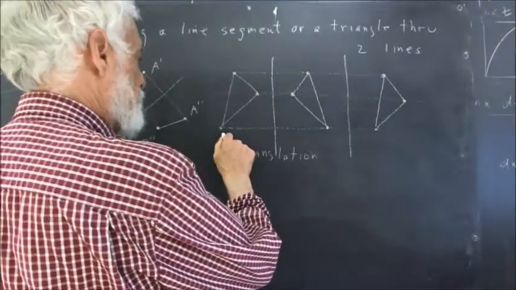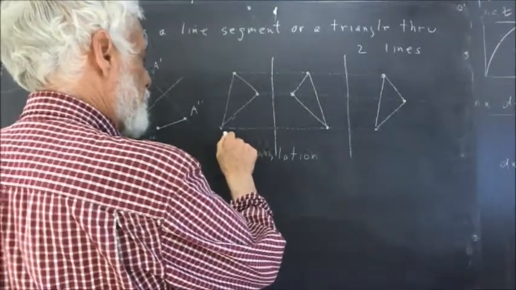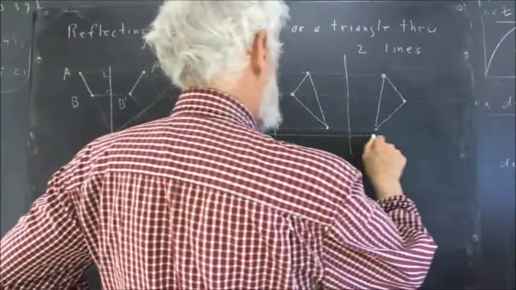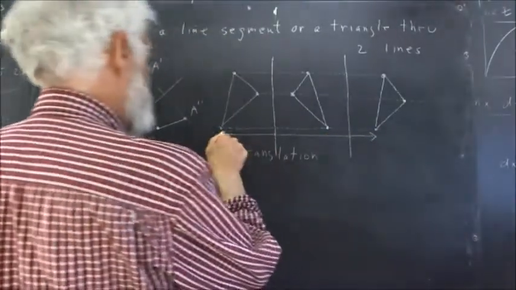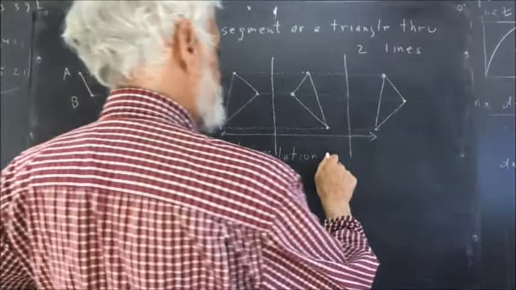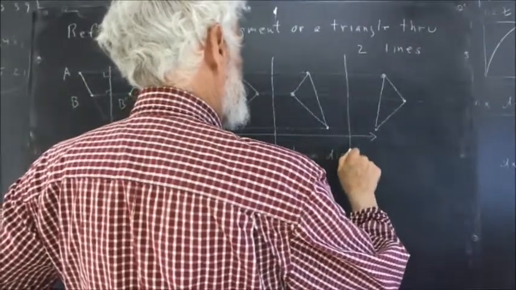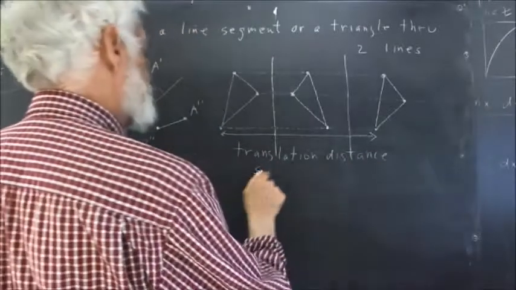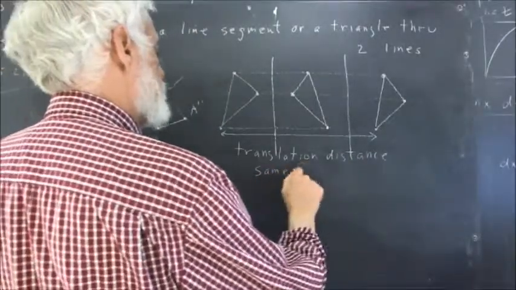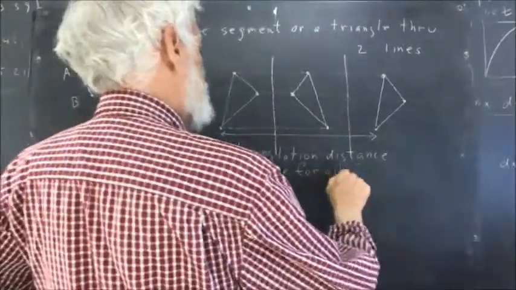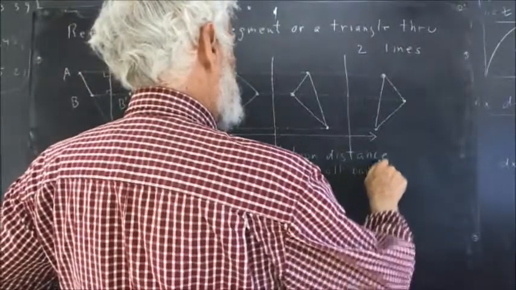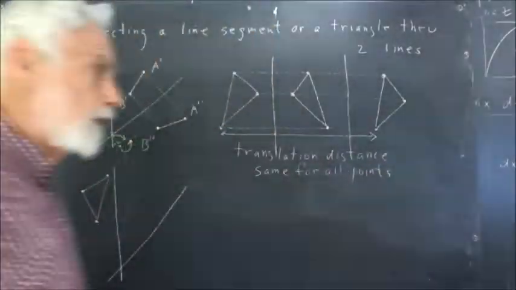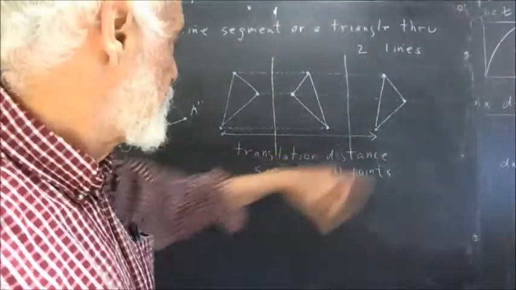And the translation distance is from here to here. And that distance is the same for all points. Again, I'm not going to go through a geometrical proof of that, but that distance is the same for all points.